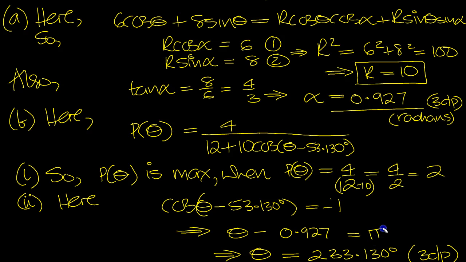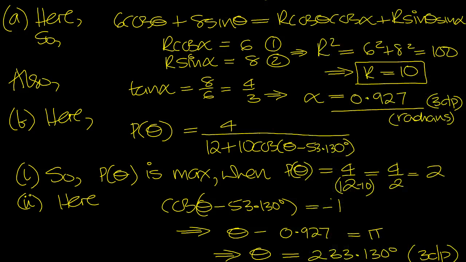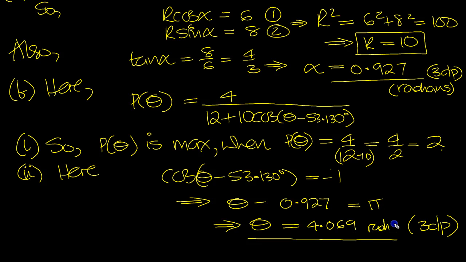Then it's pi plus 0.927, so I'm going to add pi to that, plus pi equals 4.068, 4.069, so we've got 4.069 here. And that's the 3dp, and that was radians as well. So just reread the question at the end, double check I haven't made a mistake, which I did in this question, and then make the corrections that are needed.